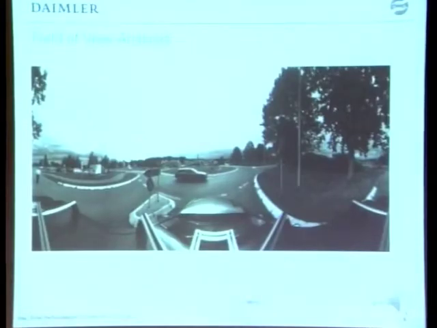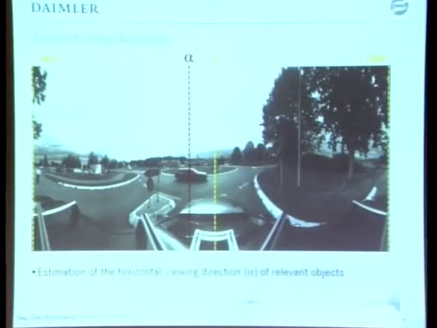I mentioned that the middle of the image is driving direction, and we defined this driving direction as the horizontal viewing direction 0. And now we marked all relevant cars which enter the roundabout and estimated the horizontal viewing direction. And here you can see our results.